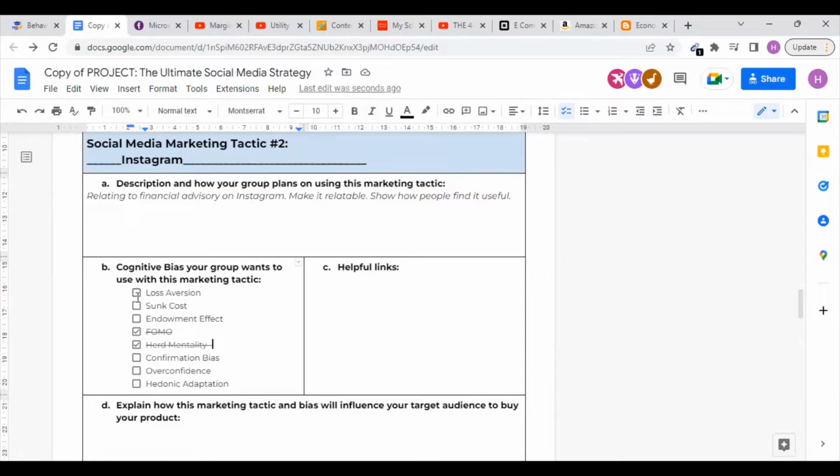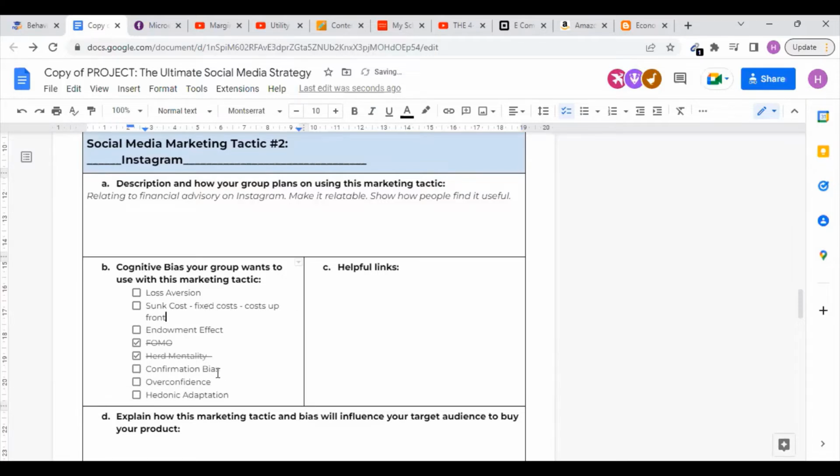Can anyone think of anything else with loss aversion? Sunk cost is focused on fixed costs, like costs up front. Then endowment effect, confirmation bias, overconfidence, or hedonic adaptation.